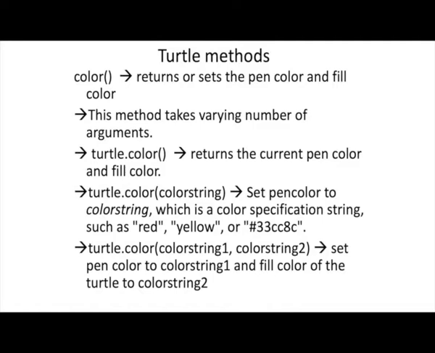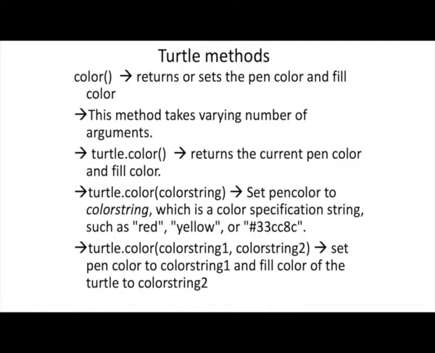Turtle.color with a color string as the argument sets the pen color to the color string, which is a color specification string such as red, yellow, or a 6-digit string representing the first 2 digits for red, the second 2 for green and the third 2 characters for blue.